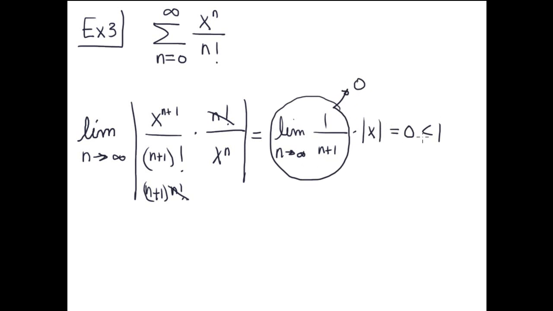That means this series always converges independent of the value of x. So the interval of convergence is all real numbers, from negative infinity to positive infinity, and the radius of convergence is infinity. This is nice. This series always converges, regardless of the value of x.